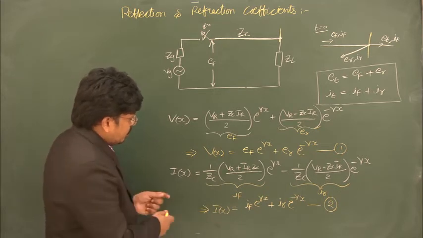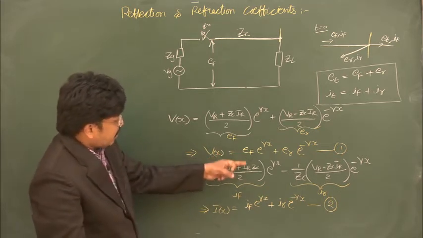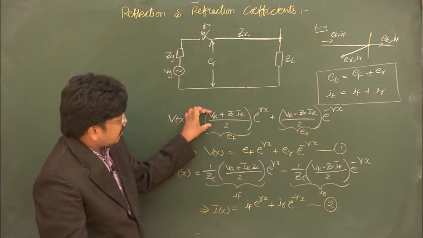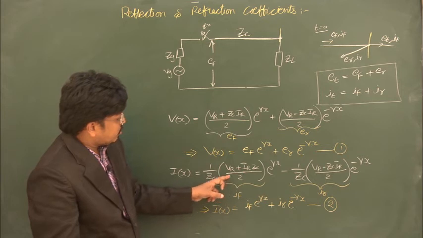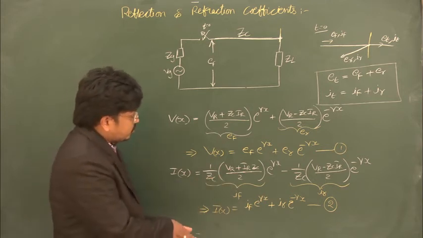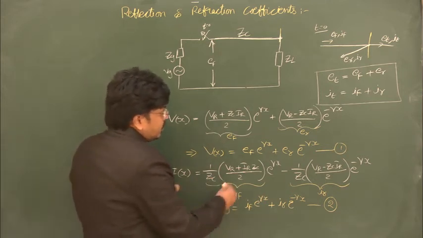So from this, EF by IF: what is EF? EF is (Vr + Zc IR)/2, and IF is (Vr + IR Zc)/2 into 1 by Zc.